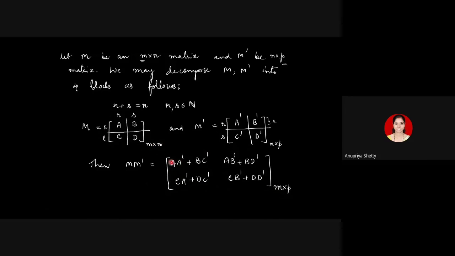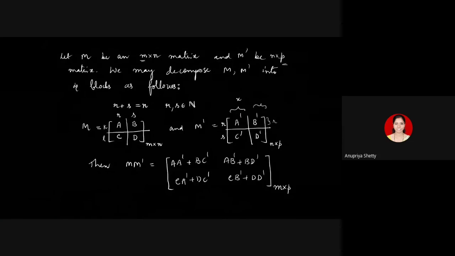Number of columns. This block has how many columns? The number of columns here is the same as the number of columns in A dash, C dash, and so on. Let here be some X number of columns, and here some Y number of columns.